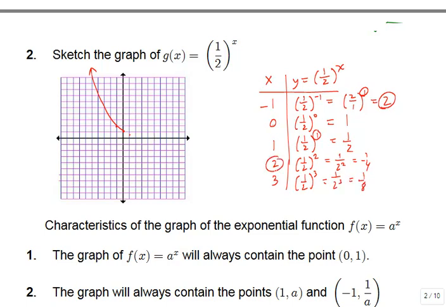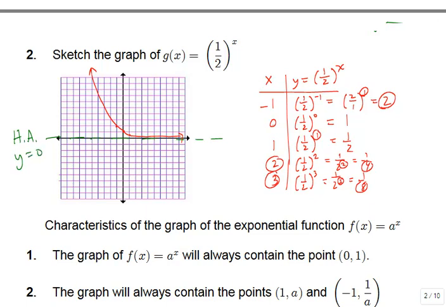So the larger these x's become here, the larger the power becomes in the denominator, so the larger the denominator gets, which makes the fraction overall get smaller. So these numbers are going to continue to shrink as they go to the right, and we will see that dashed horizontal line again at y equals 0.